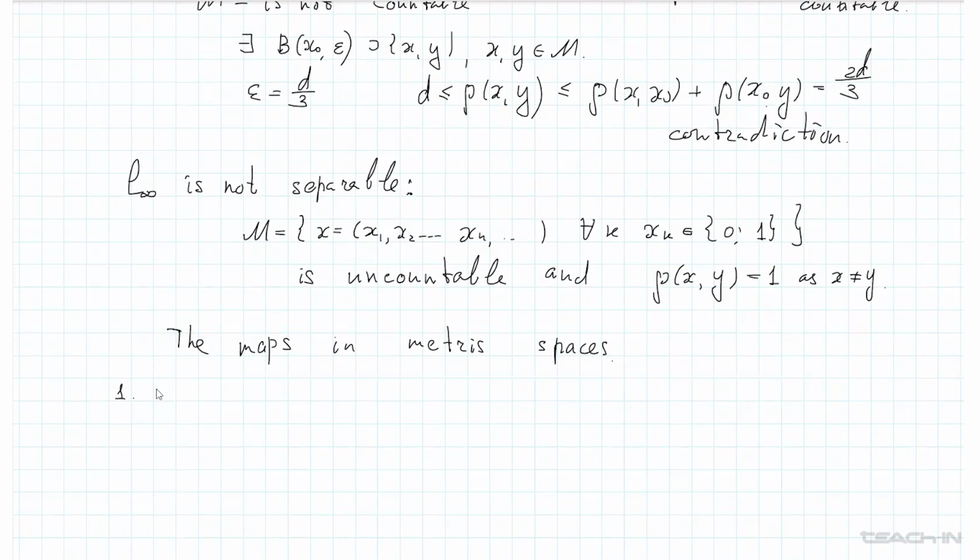We have two metric spaces: X with metric rho, and Y with metric d, not a Greek letter, and we have a map F. What types of maps will we consider?